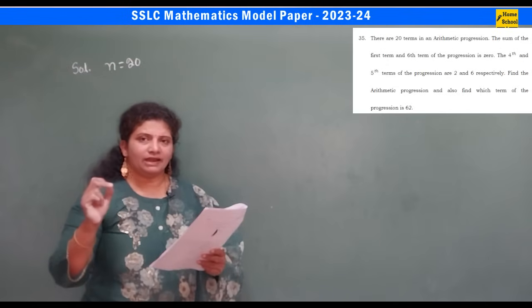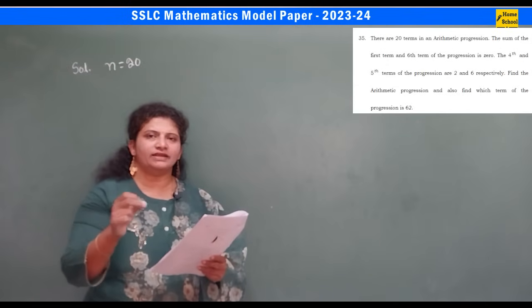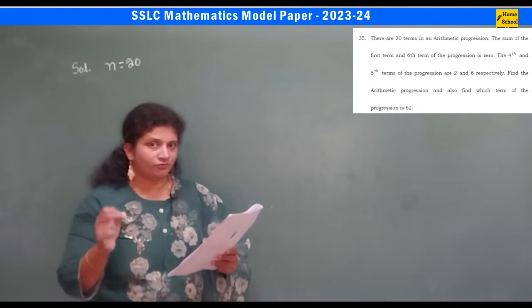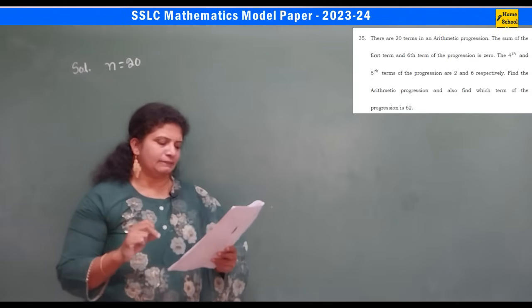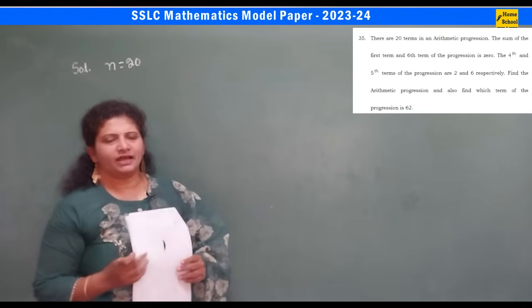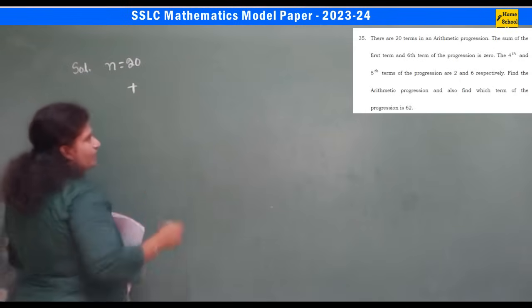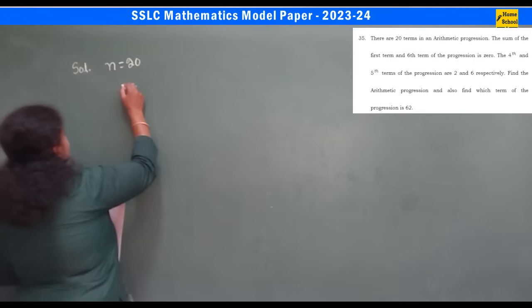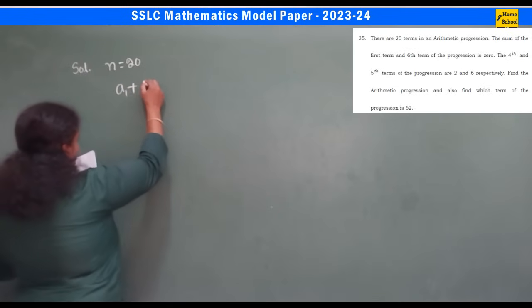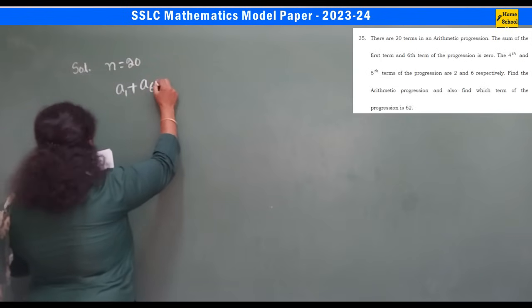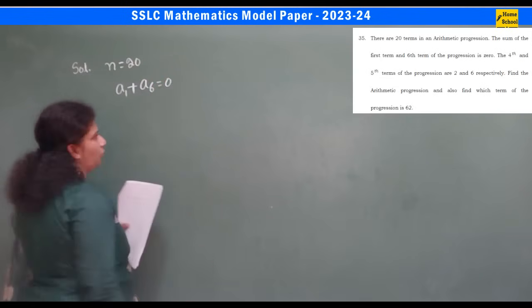Read the complete line and then you come to know whether it is Sn or plus. The sum of the first term and sixth term. That means it's not Sn, it is the plus symbol. The sum of the first term, A1, and the sixth term, A6, is equal to 0.